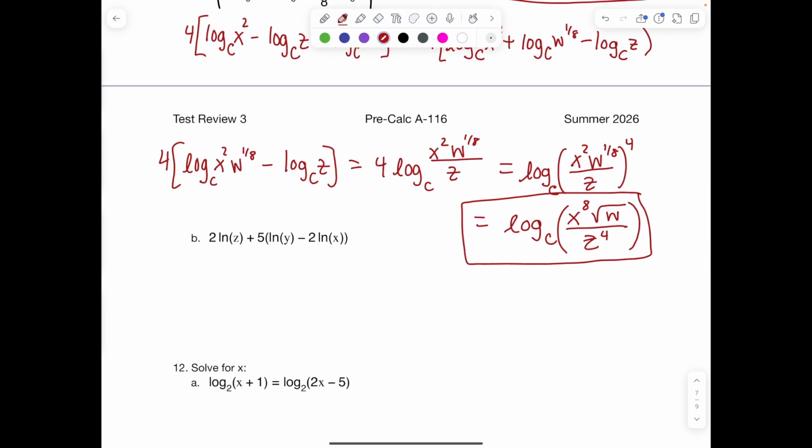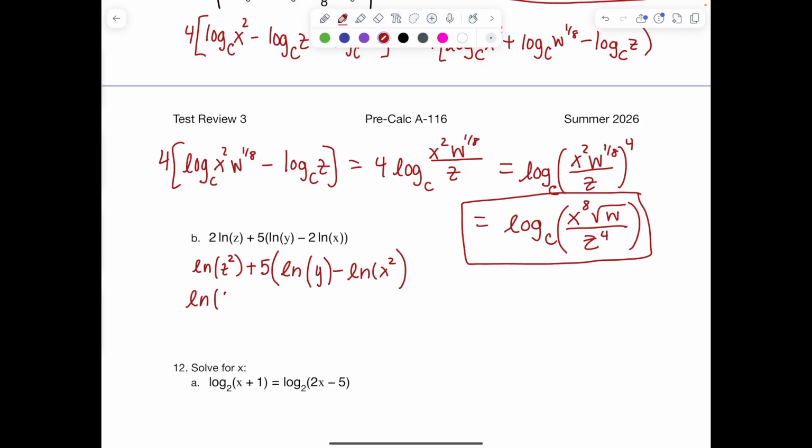Okay, so now we need to condense back the natural logs, so we'll just start putting powers back. So we get ln of z to the 2nd power plus, this one has parentheses on it, so let's do what's on the inside first. So we get 5 ln of y minus ln of x squared.